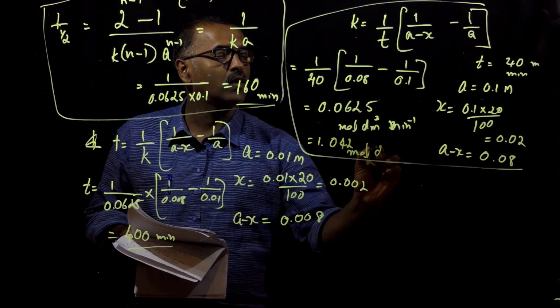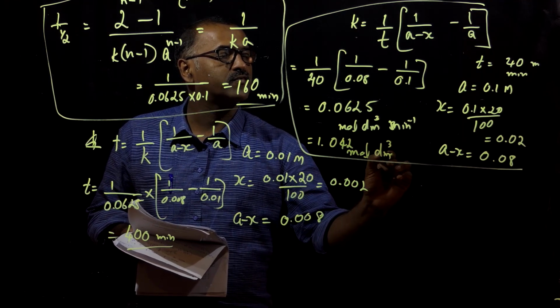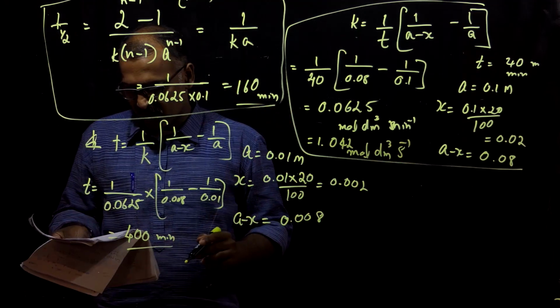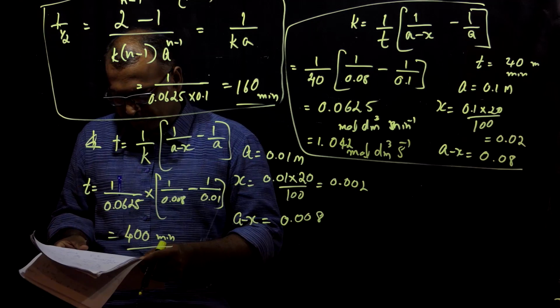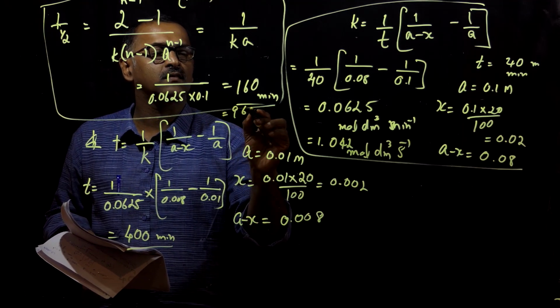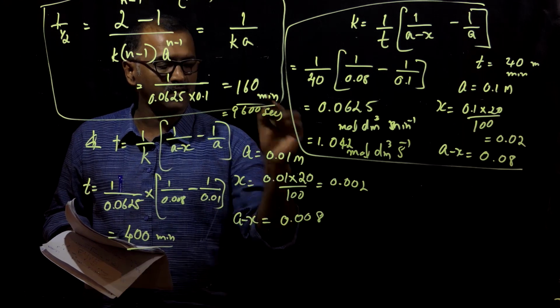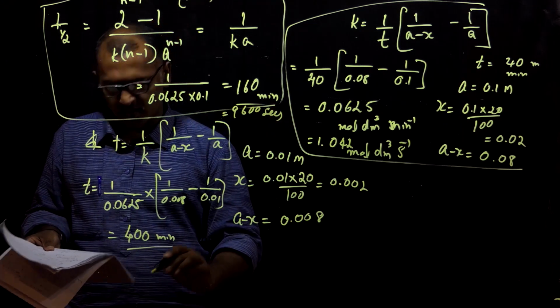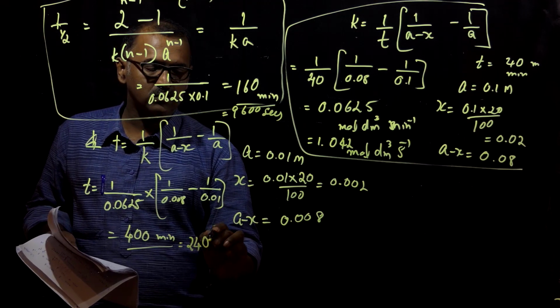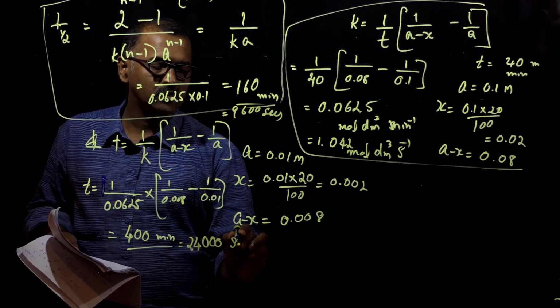Again, this will be mole inverse dm3 per second. 160 minutes will correspond to 9,600 seconds, and 400 minutes will correspond to 24k seconds.